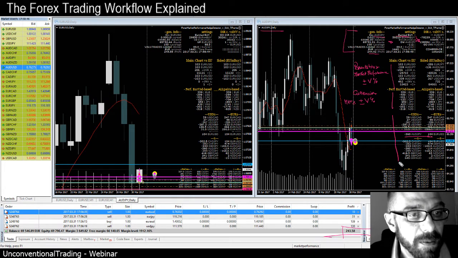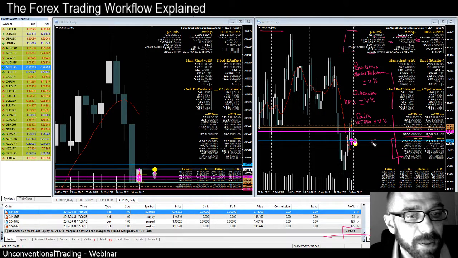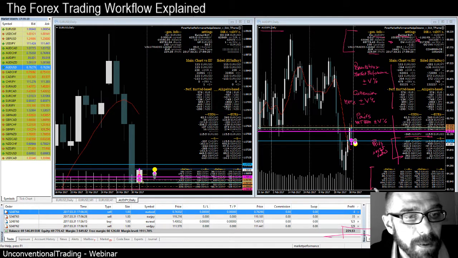And here I am analyzing the pairs in terms of market performance as well. Here I'm analyzing some pairs with instant values. Finally, here I have, always in terms of market performance, my volatility.